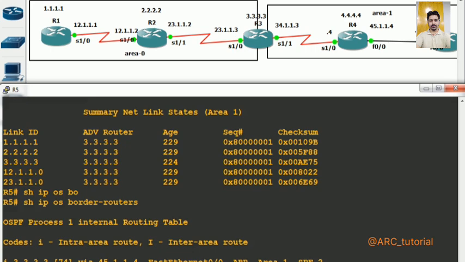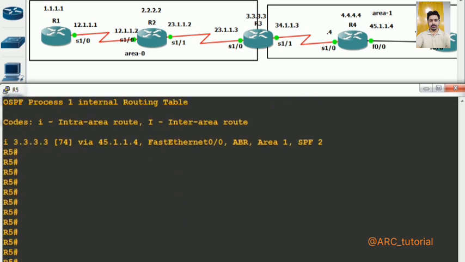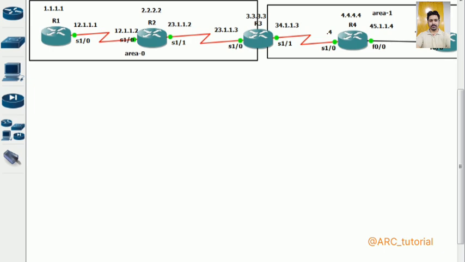Now try to understand the whole process going on behind OSPF. R3 is that router which is participating in area 0 as well as area 1. So it means R3 will have router LSAs of area 0 as well as area 1.